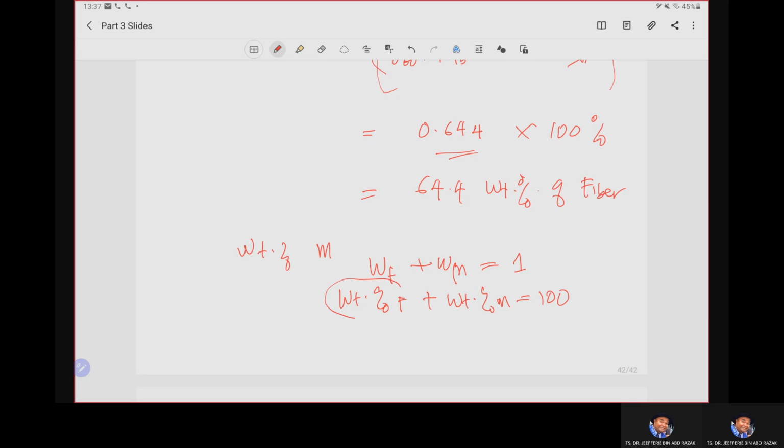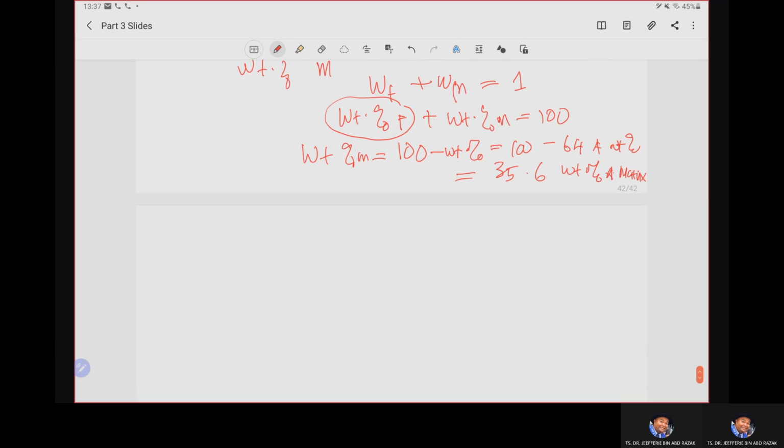So now that we have determined the weight percent of fibers, to determine the weight percent of matrix, just subtract from 100: 100 minus 64.4 weight percent. So you get the final answer of about 35.6 weight percent of matrix.